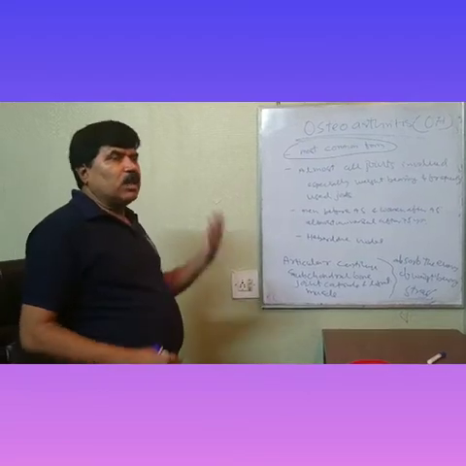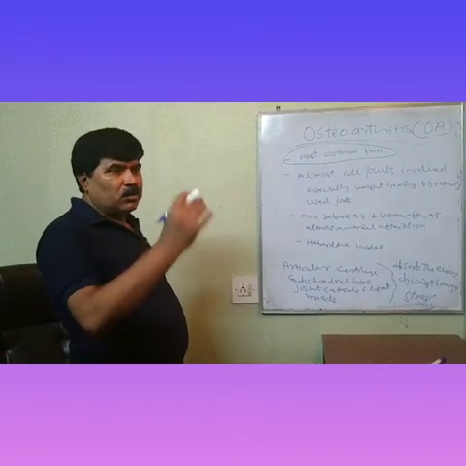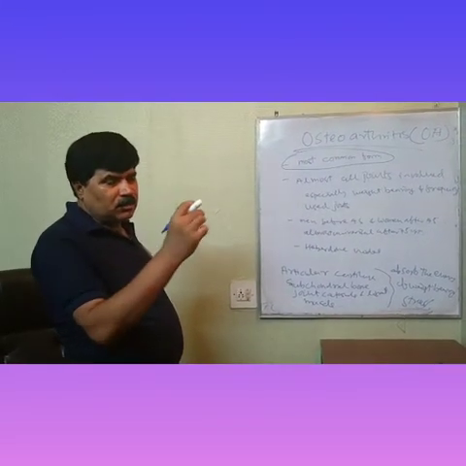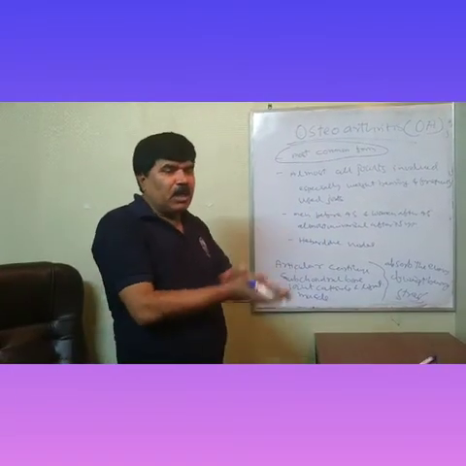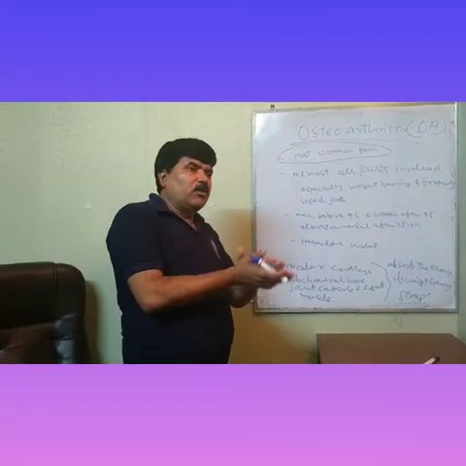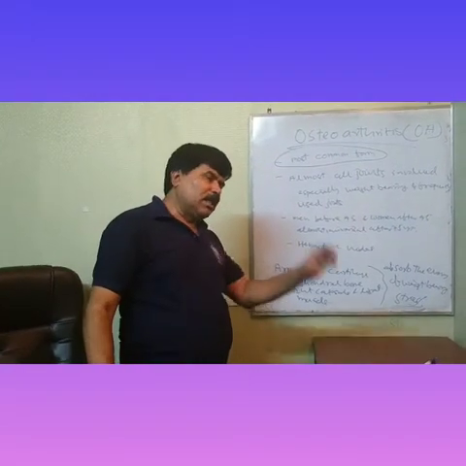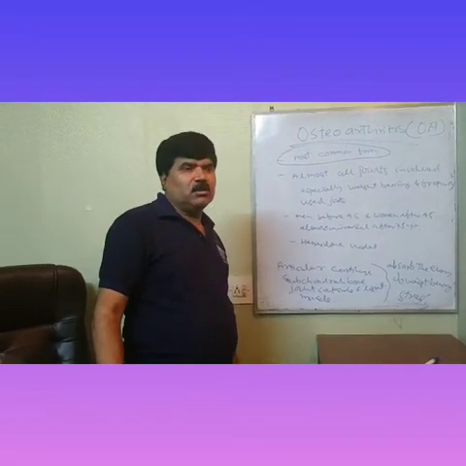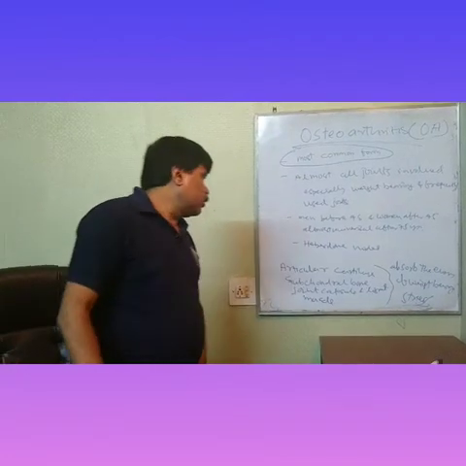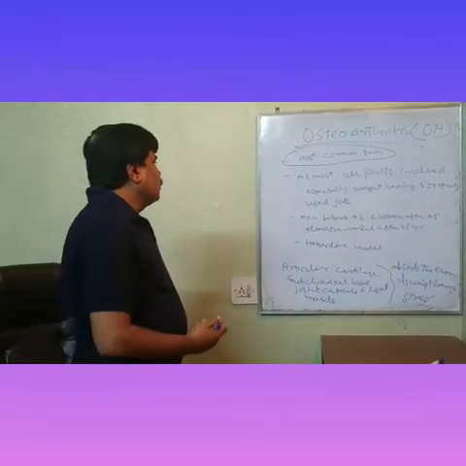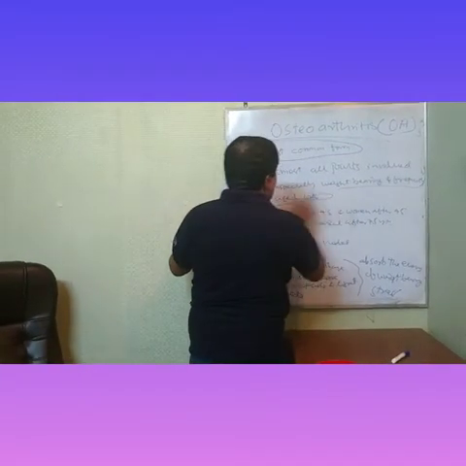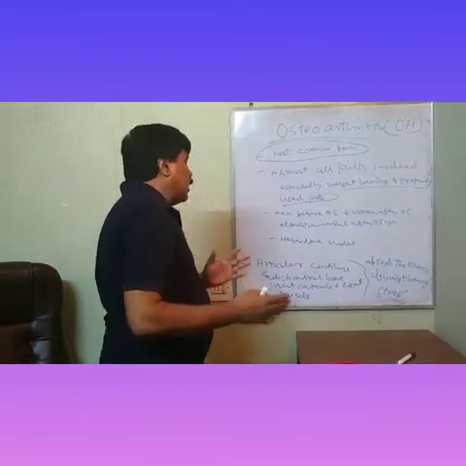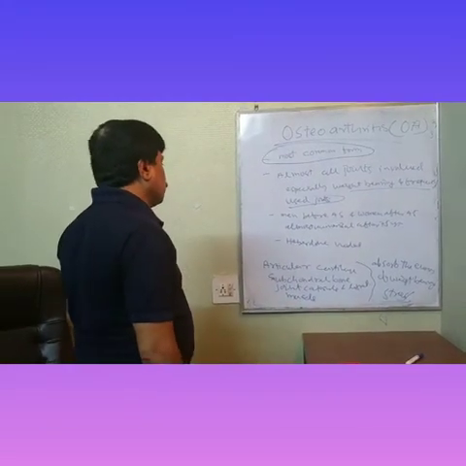The spinal joints are also involved. The articular facets, the superior facet and inferior facet between two vertebrae, join to each other and form synovial joints, which can also be involved. So weight-bearing joints and frequently used joints are involved in osteoarthritis.